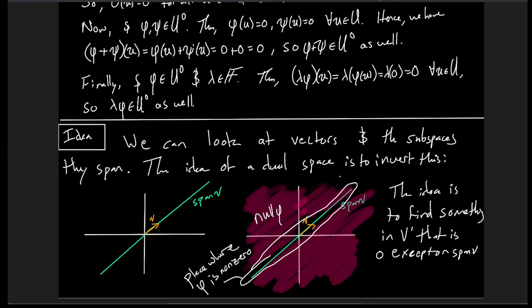So the idea is that you can study specifically little lines in a vector space, the smallest subspaces you can have, or instead, you could study things that are 0 except on those lines. Think of it like taking this picture and inverting the contrast. Actually, I could probably do that right now, it might have been an easier way to do this.